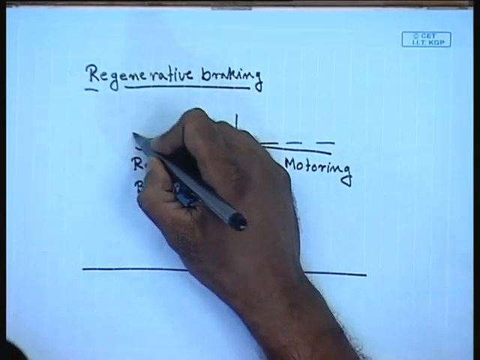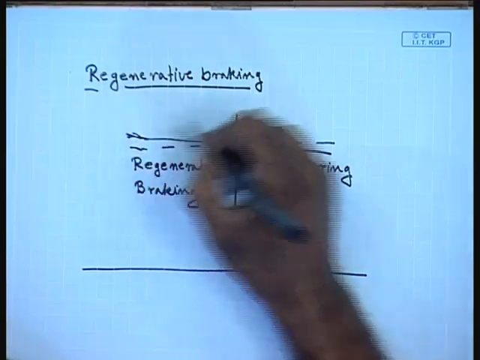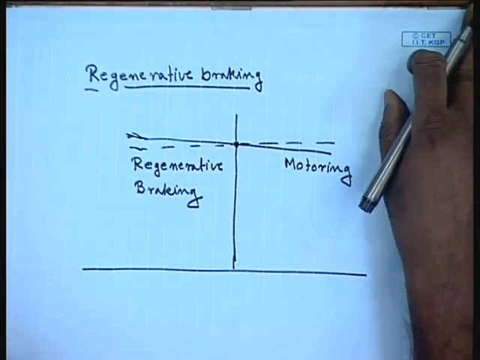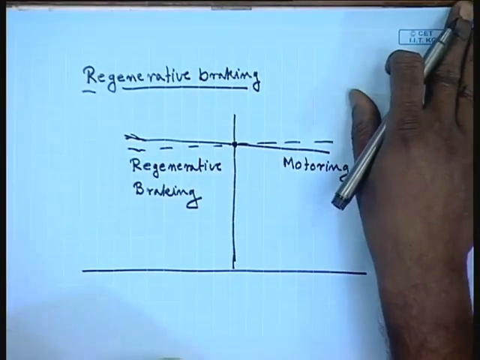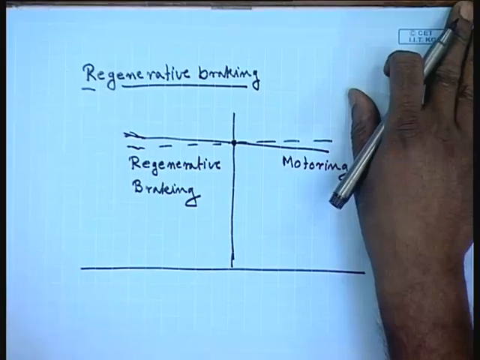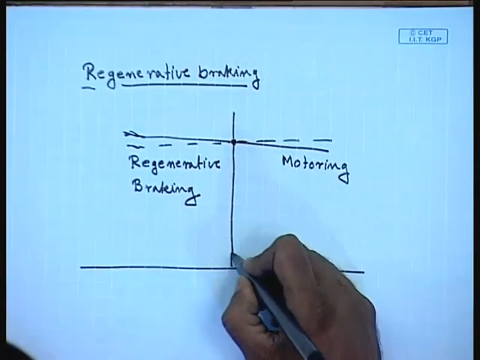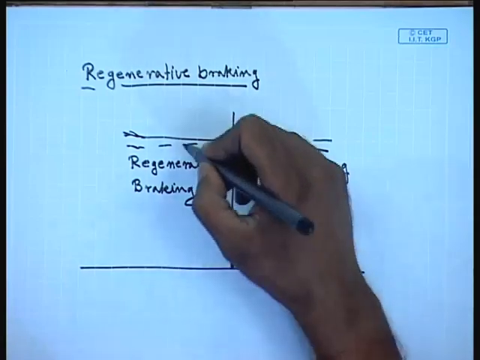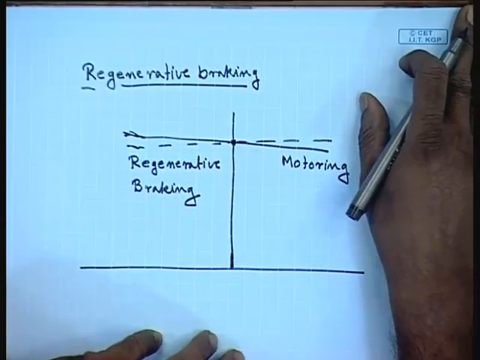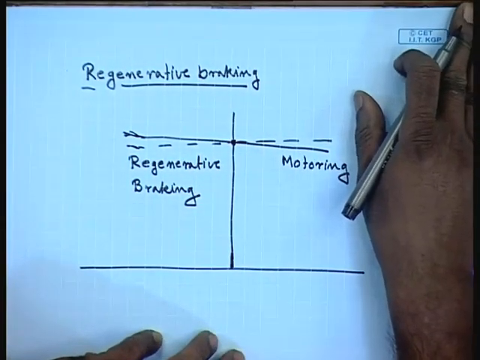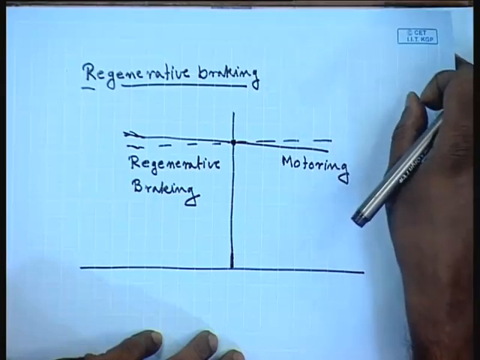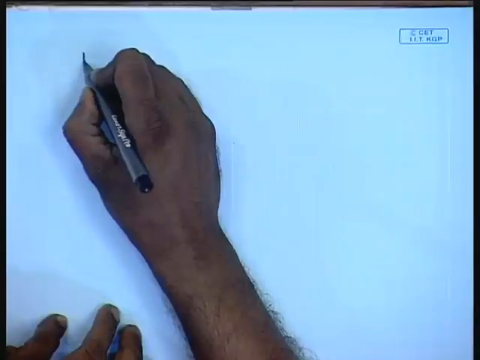So the motor works as a generator, and hence an opposing or braking torque is generated, which tends to limit the speed of the machine. It should be remembered that regenerative braking cannot be used for stopping the machine. The other braking or stopping method is called the dynamic braking method.